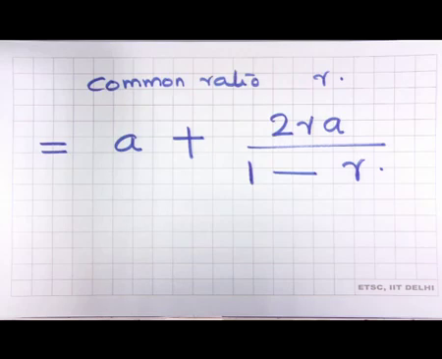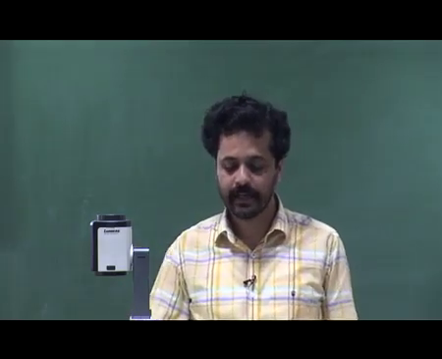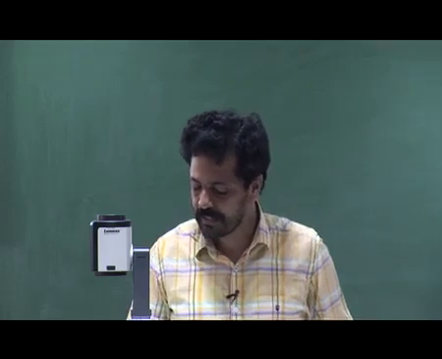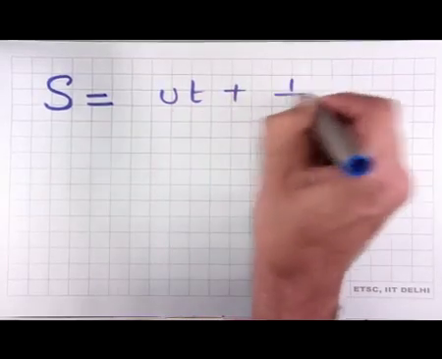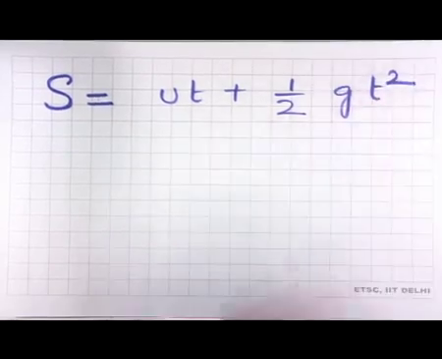Second part of the question demands you to find the total number of seconds the ball is travelling. Here we shall recall the law of motion. S is equal to ut plus half at square, for a freely falling body.